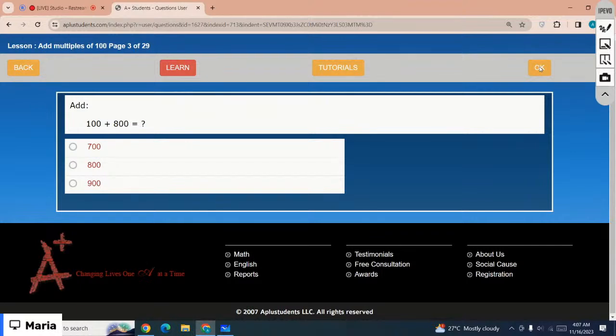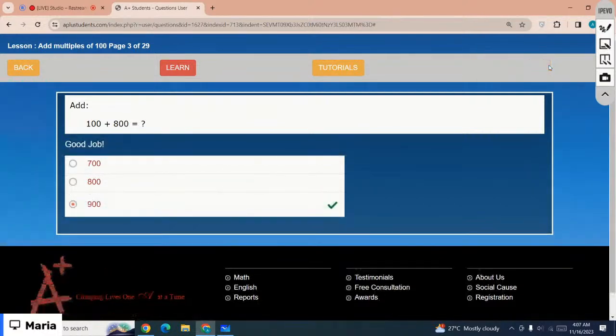They have the same number of zeros and the same digits, right? So just add the non-zero values. 8 plus 1 is 9, so that is 900, right? No one is answering, why?